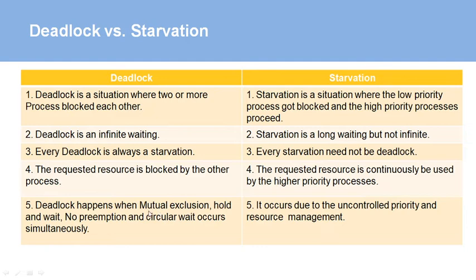Deadlock will happen if mutual exclusion, hold and wait, no preemption, and circular wait occur simultaneously. But starvation occurs due to uncontrolled priority and resource management. Suppose a process is executing, and in the meantime some higher priority process arrives, so that process will be preempted. That is the difference between deadlock and starvation.